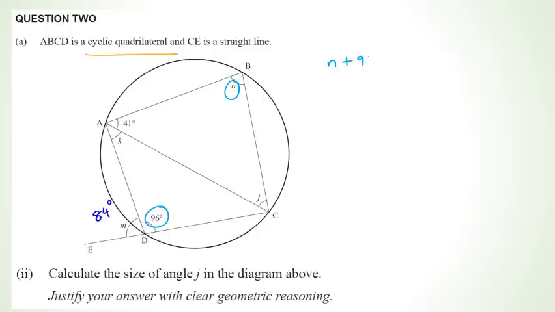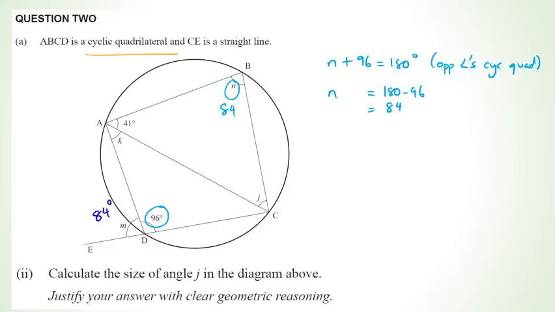So you can write N plus 96 equals 180 degrees because they are opposite angles in a cyclic quadrilateral. Rearranging this, we get N equals 180 minus 96, which gives you 84. So we've got N as 84.